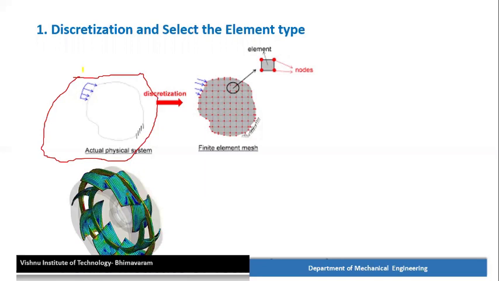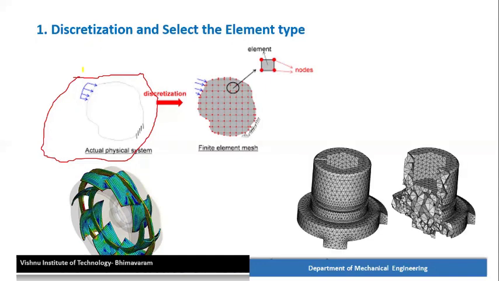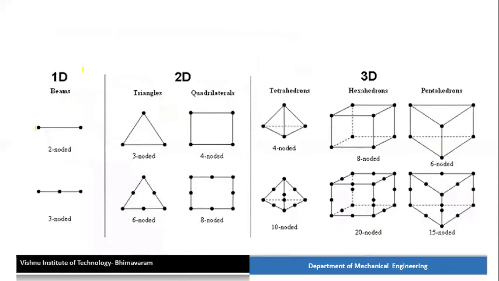Now, like that, we have to identify whether it is 1-dimensional element, 2-dimensional, 3-dimensional, which element is suitable to solve this particular problem. Suppose we may choose 1-dimensional element. In this case, simply bar element or 2-noded element are available, and 3-noded element.